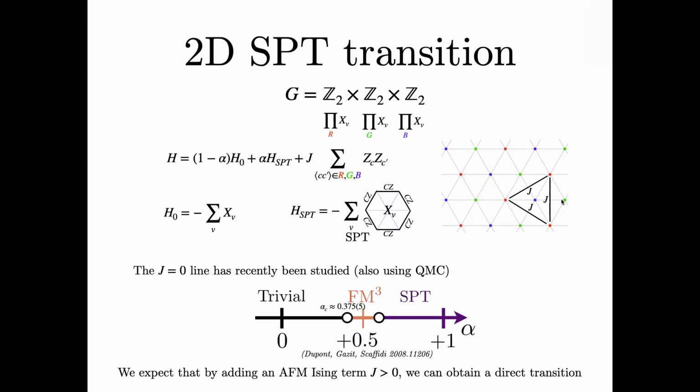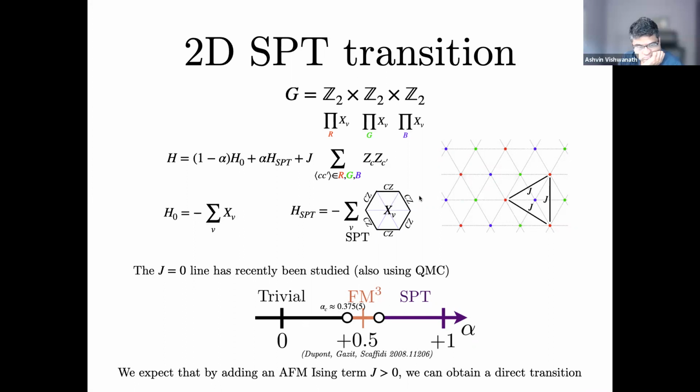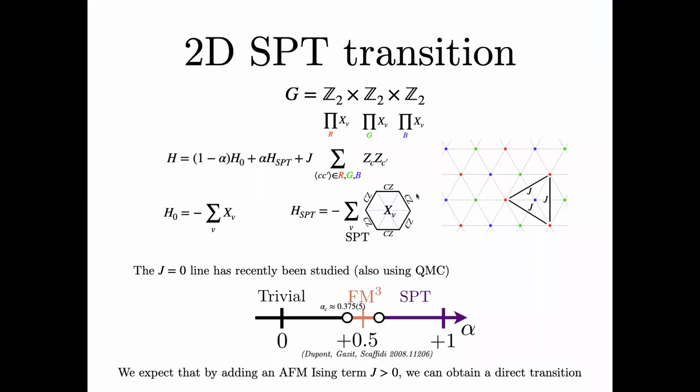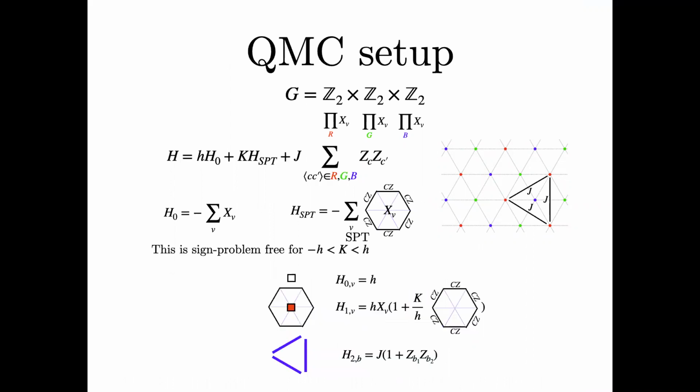Right. So the story is very similar to the 1D story I just described. Instead of having a ZXZ term, you instead have a ring term.